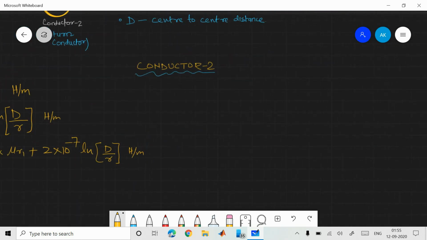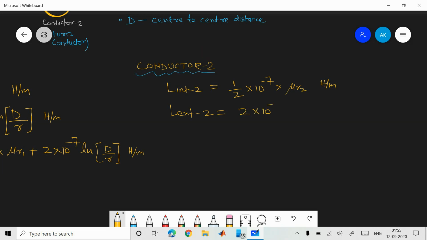Similarly, for the second conductor, L internal of the second conductor is half into 10 raised to power minus 7 mu r2, in Henry per meter. L external of conductor 2 is 2 into 10 raised to power minus 7 ln d by r, where d is the center to center distance between the two conductors, in Henry per meter.